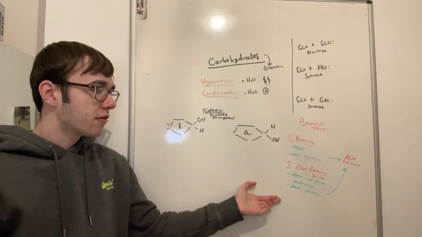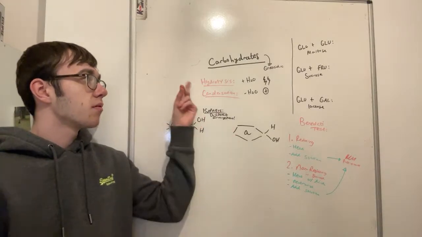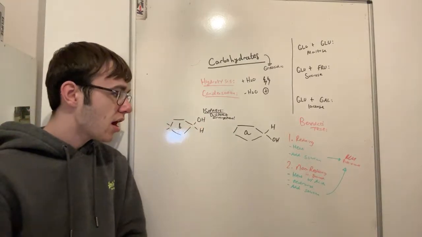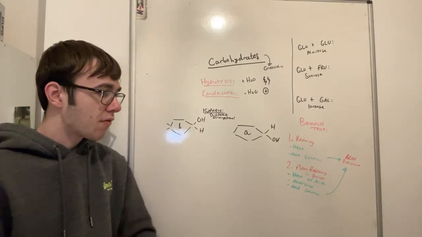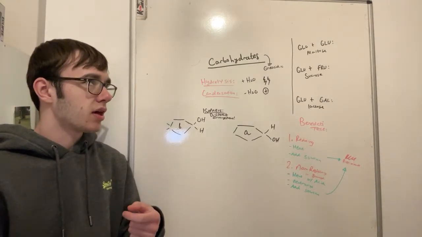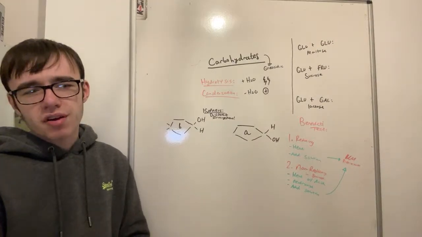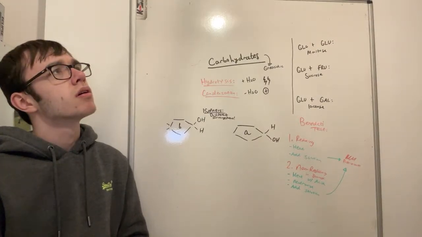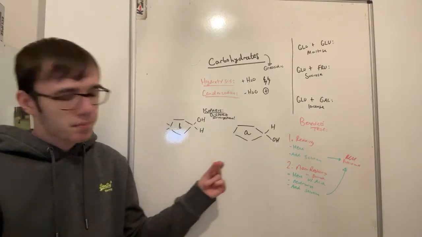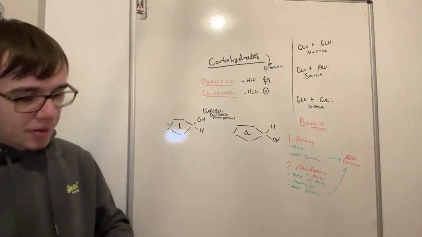You add acid for the non-reducing because it breaks apart the glycosidic bonds, hydrolysis. Neutralize because the solution can't work in acidic conditions, so you add something like, what's an example? Is sodium hydroxide an alkali? I think. So you would add that to neutralize it, and then, yeah. So that's for Benedict's test.